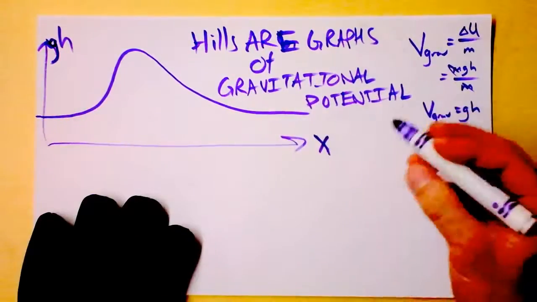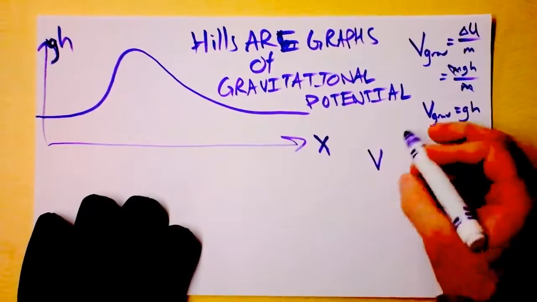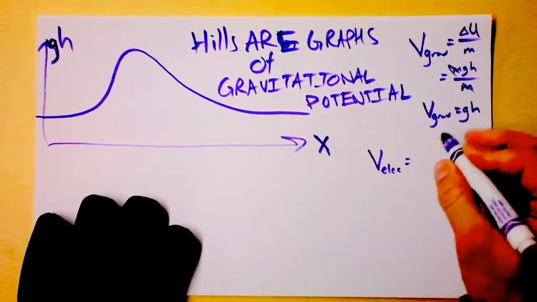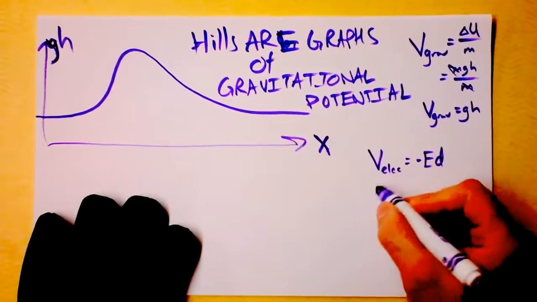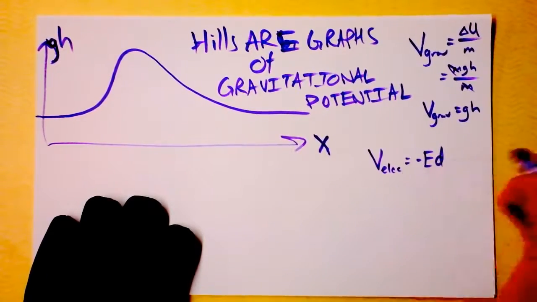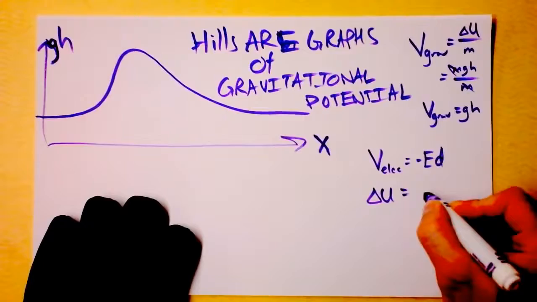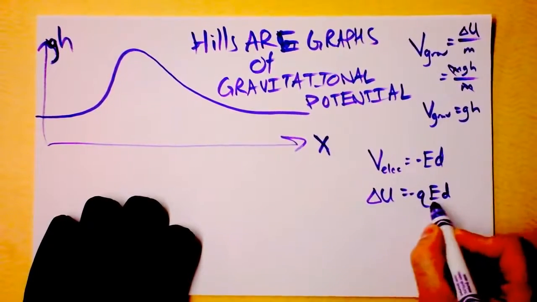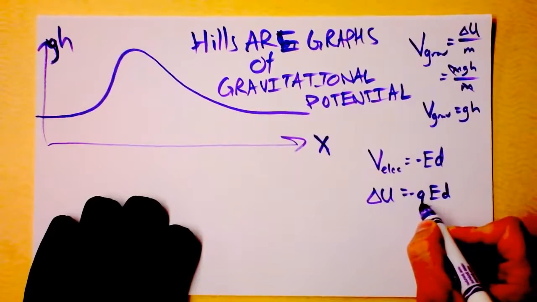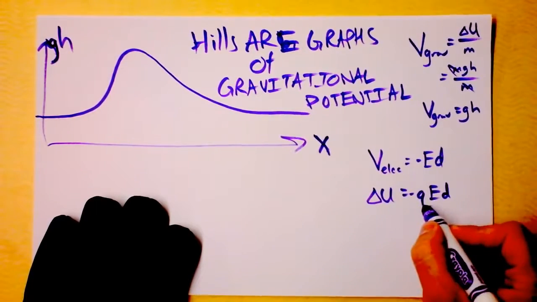But in electricity, our electrical analogy says that V electrical is equal to negative Ed. If I multiply by charge, then I'll get energy, and the problem is that multiplying by charge gets me this relationship right here, and this could change completely if the charge is negative.